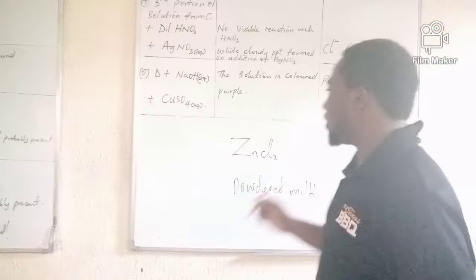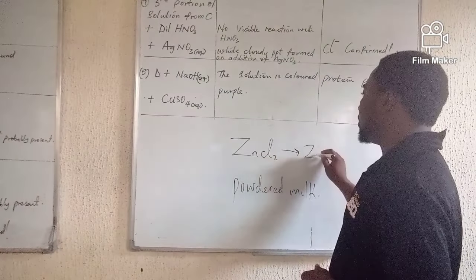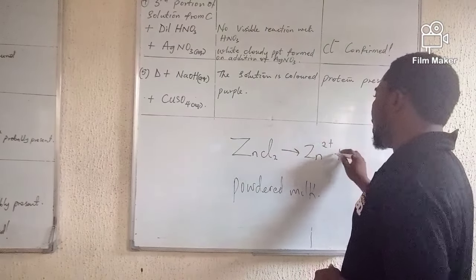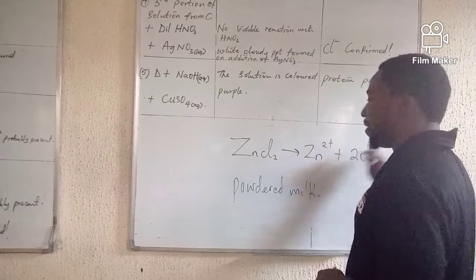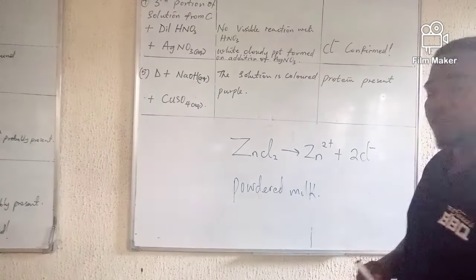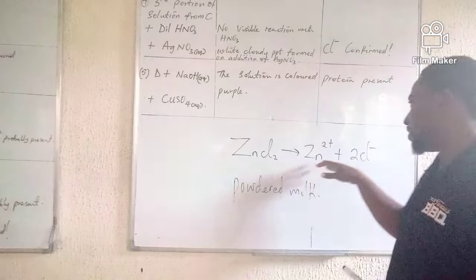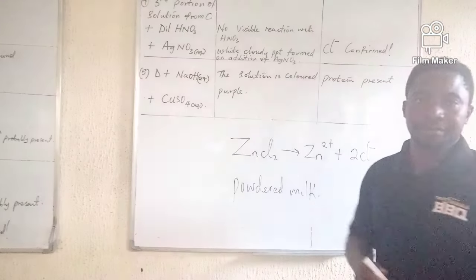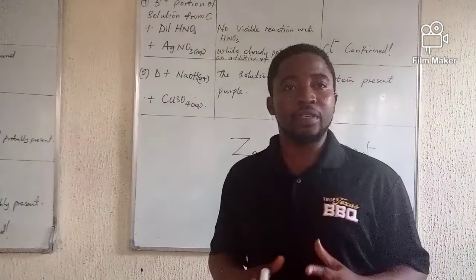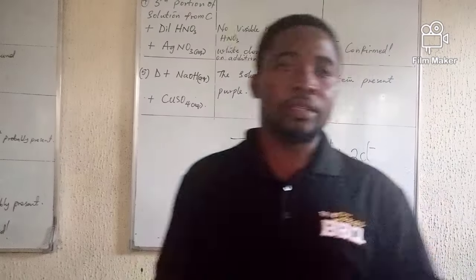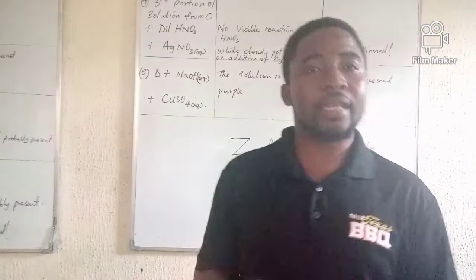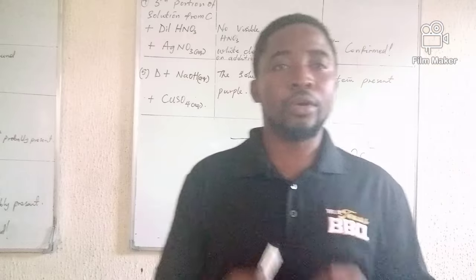It dissolves in water to form zinc 2+ ion and chloride ion. So a solution of this salt is going to contain zinc ion and chloride ion. A solution of the zinc chloride will contain a cation called zinc ion and chloride ion.